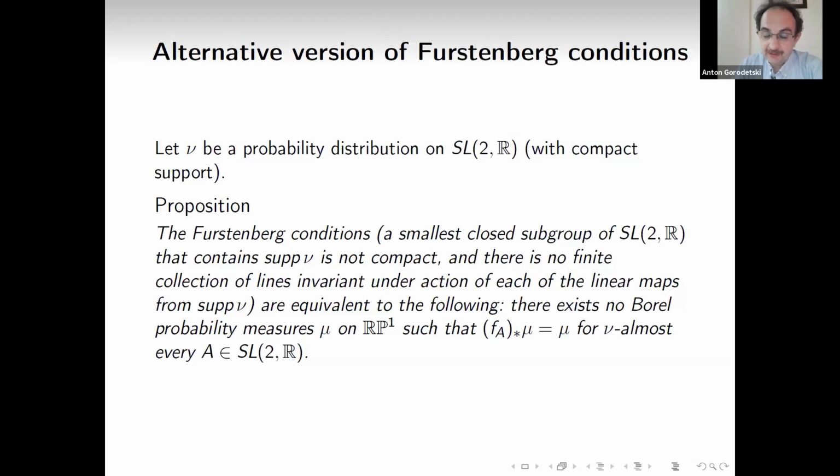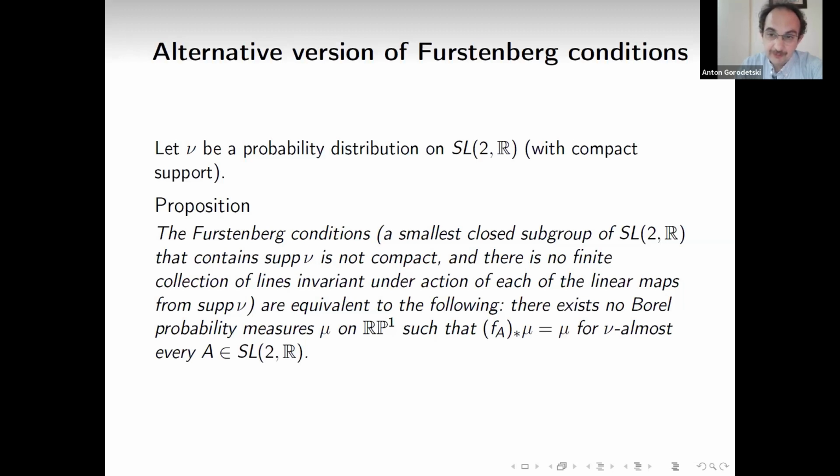If instead of matrices, we consider the action of the corresponding linear maps on the projective space, we can assume that there exists no Borel probability measure on the projective space, on a circle, that is invariant for all the matrices in the support of the distribution. Certainly, if this happens, this can be considered as a degenerate case, and one can show that in the SL2R case, that's equivalent to the original Furstenberg condition.